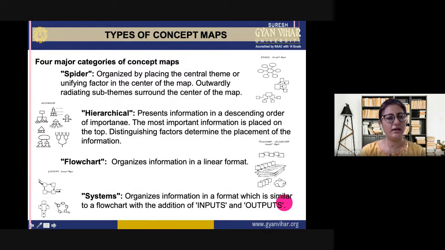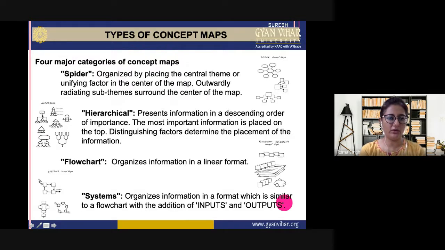Then there is the hierarchical category of concept mapping. It presents information in a descending order of importance. So the most important information is placed on the top, and distinguishing factors determine the placement of the information. Here we can see how hierarchical concept mapping is done. The main concept is at the top.